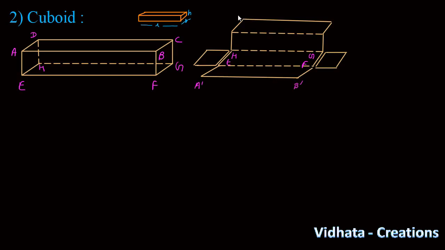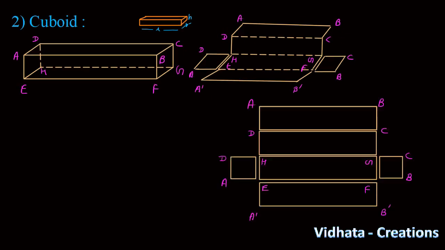Then here AB, and here DC. Again here D and A, and likewise here B and C. After cutting and folding, you get this shape, and if you flatten it on the ground, it will just look like this.